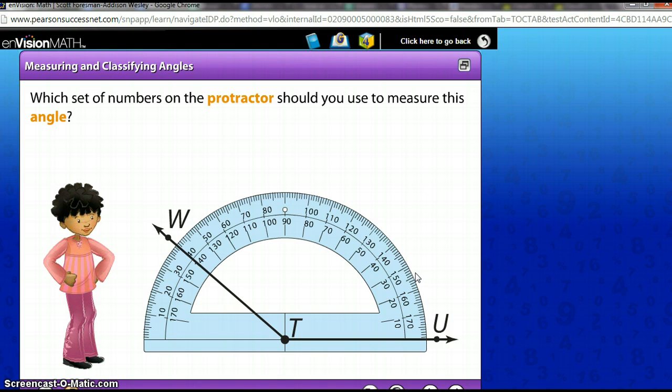If we had measured this as our 140, why would that be wrong? Then our line would be going up this way, right? Yes. That's why, because we wouldn't have started at 0. That truly wouldn't be 140. That would be 10, 20, 30. That would only be 40. That'd be an acute angle too.